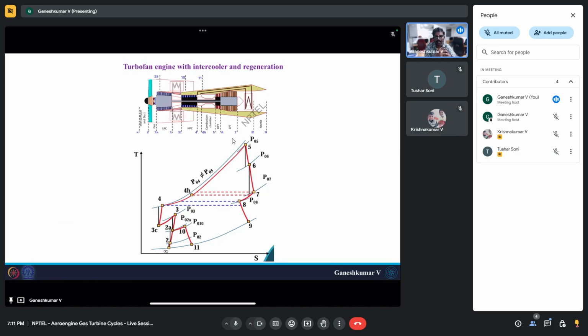And from 8 to 9 you have the nozzle. Similarly in the bypass stream, from 10 to 11 you have the bypass nozzle, shown by this one. Okay, so this is the entire turbofan engine with intercooler and regeneration.